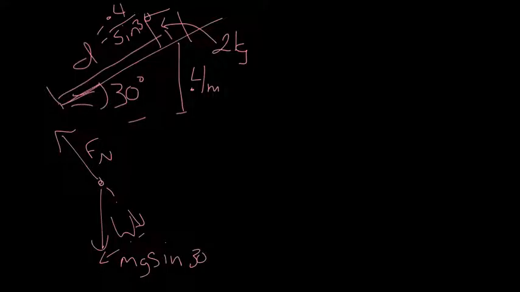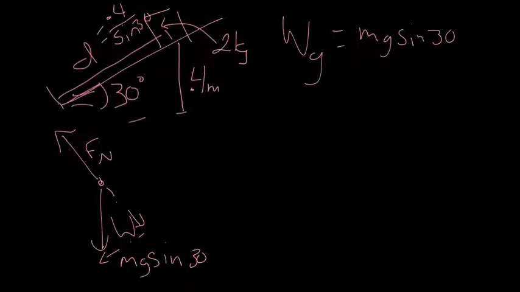So we could say, okay, the work by gravity is equal to the force down the ramp, mg sine 30, times the displacement, which is 0.4 meters over sine of 30. Okay?